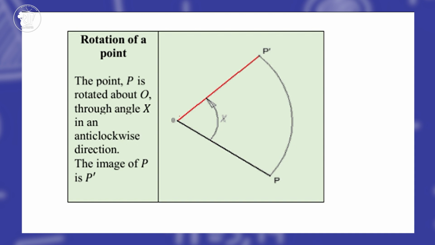So let's say we wanted to rotate the point P about the origin by a certain number of degrees clockwise. We follow the same steps. We draw a line from P to the center of rotation, which would be the origin. We take our protractor and we measure the amount of degrees that we want. When we see that degree, we mark it off, and then we extend our line through that number of degrees.